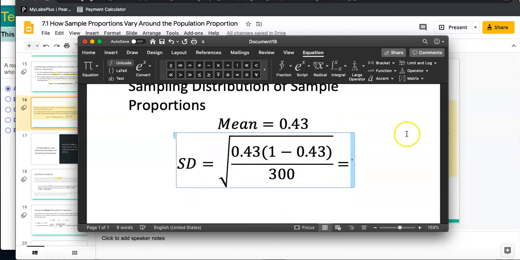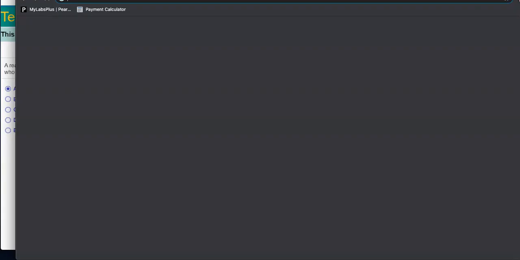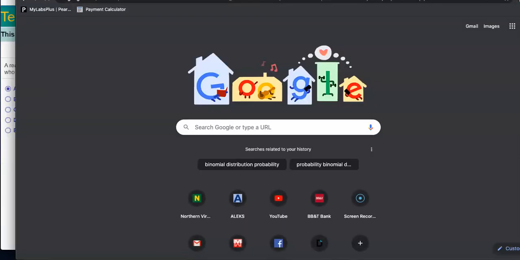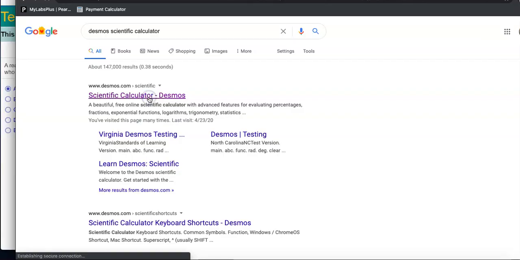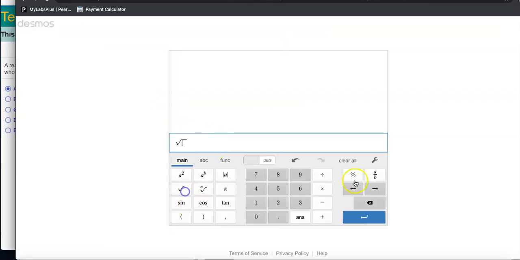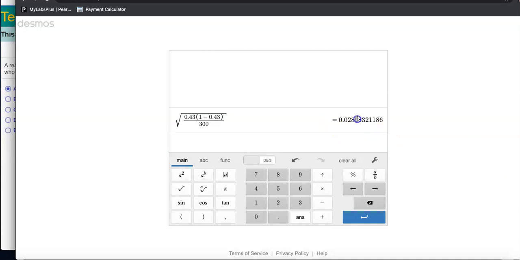Okay, I'm gonna need a scientific calculator for that. So Desmos scientific calculator. I'm gonna type in square root of fraction 0.43 times 1 minus 0.43, and the sample size was 300. So the standard deviation is 0.0 something like that.